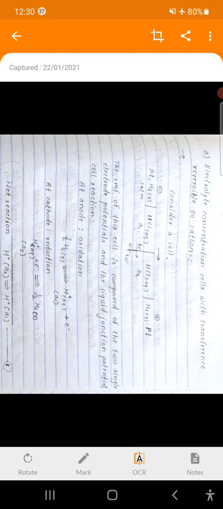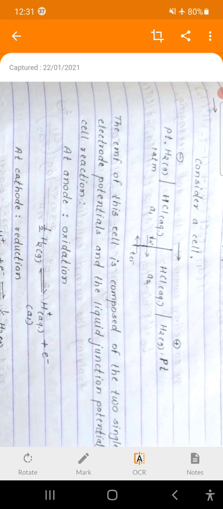The two solutions are separated by a semi-permeable membrane, represented by a single line, and therefore there is passage of ions from one solution to another. In the other side solution, HCl having activity A2, a platinum hydrogen gas electrode is placed.